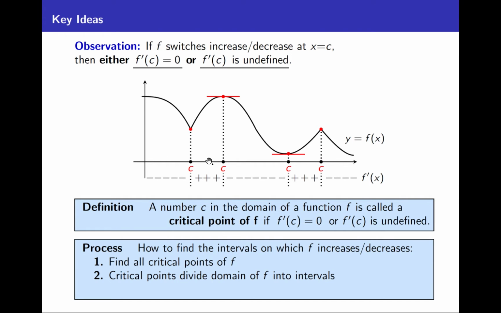This interval, the next one, the one after it, and so on. So step 2 is to look at those intervals. And finally, the third thing you do is just check the sign of f prime of x on each of those intervals. Is it positive or negative? If it's negative, f is decreasing on that interval. If it's positive, f is increasing on that interval.